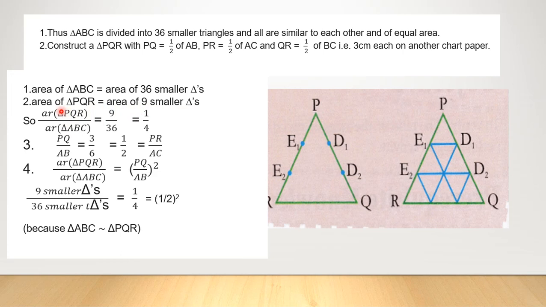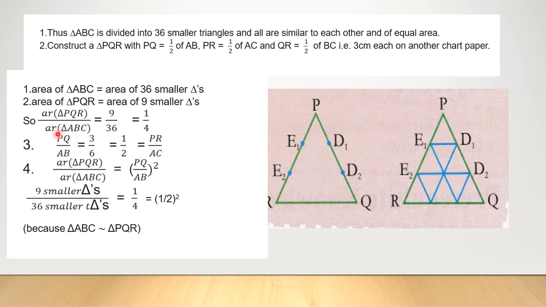So let's find out the ratio of these areas of two triangles. Area of triangle PQR upon area of triangle ABC is equal to 9 by 36, or it will be 1 by 4. Now let's take the ratios of the sides of the triangles. So let's take the sides of the triangle, PQ upon AB.